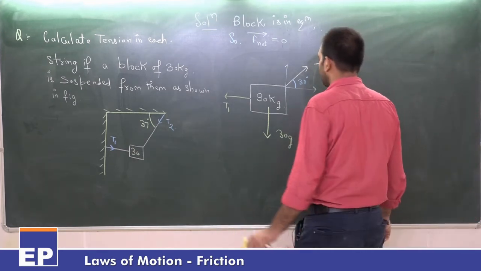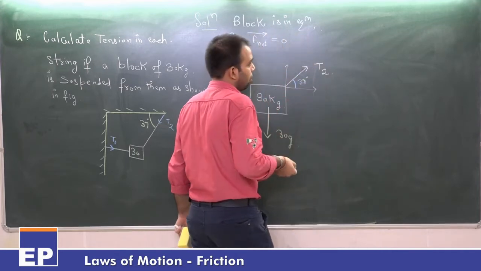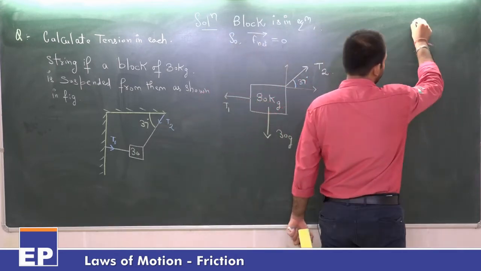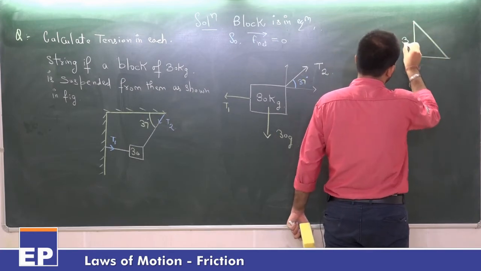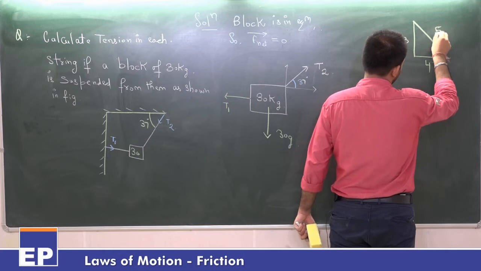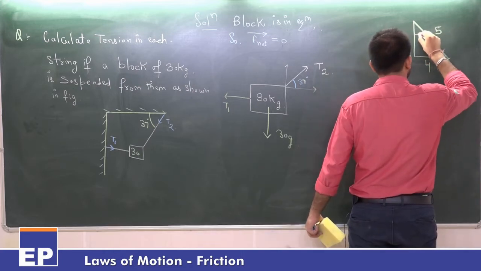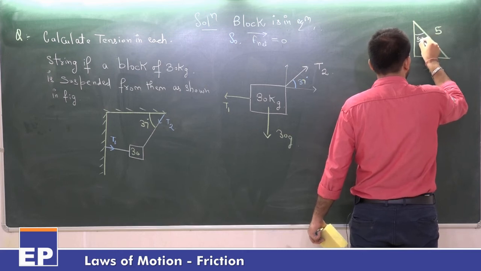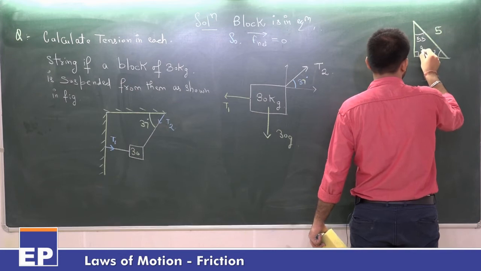अगर मैं इसको solve करना चाहूँ, now how many forces are this? This is 37. You know how to calculate the value of 37? हमने पहले भी कर रखा है कि अगर ये एक राइट एंगल ट्राइंगल होता है जिसकी 3, 4, 5 साइड्स है, तो इसके अंदर ये जो एंगल होता है, this angle is called 53, this angle is called 37, this is 90.